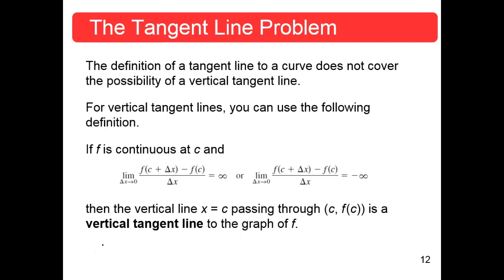If you had a vertical tangent line, are you increasing this much for a 0 slope, or decreasing that much? You can't tell, so we don't even go there. Then the vertical tangent line, x equals c, passing through (c, f(c)), is a vertical tangent line to the graph of f. So in other words, x equals c is a vertical tangent line of anything passing through the point x equals c.